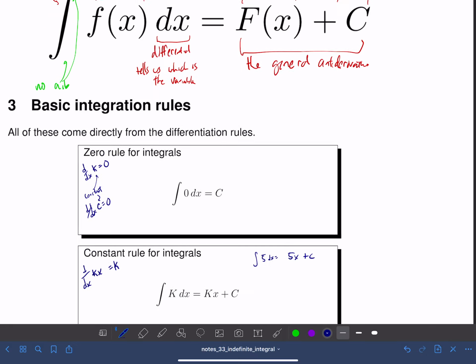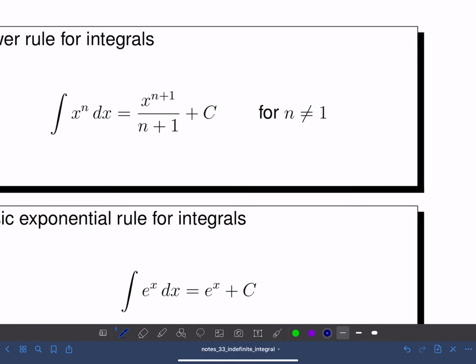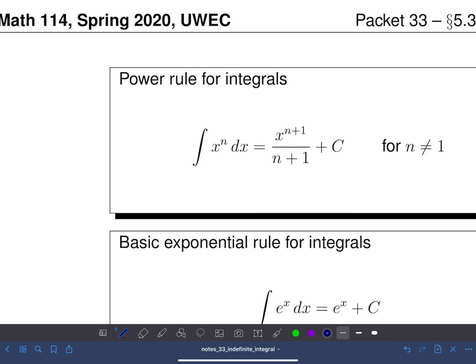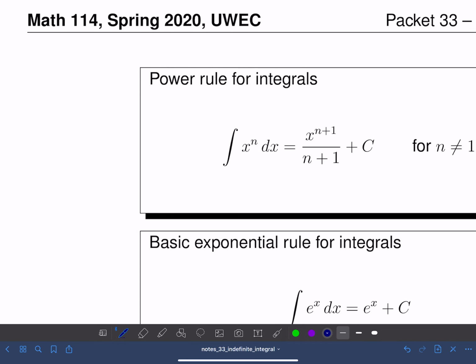All right, let's turn the page. The power rule for integrals comes directly from the power rule for derivatives. That's what I mean to say.